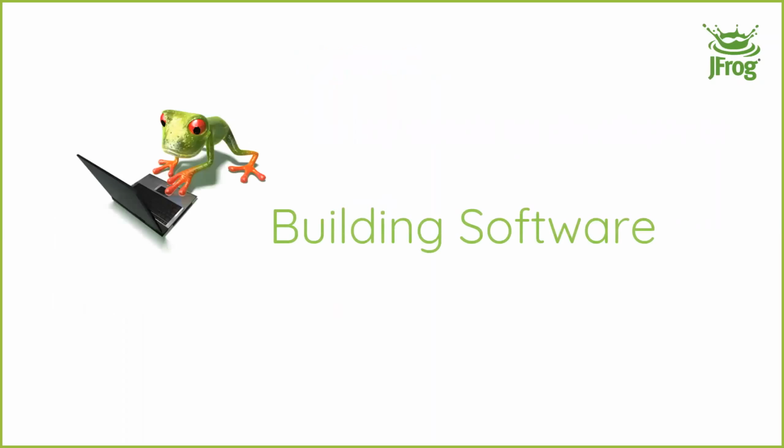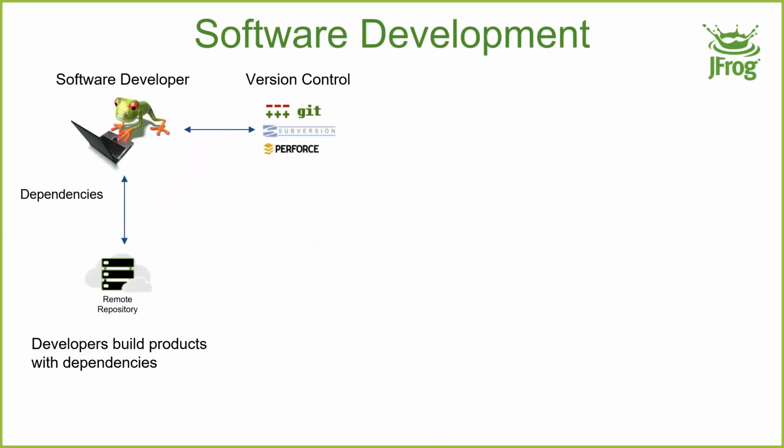Okay, so for this first part, let's see what it actually takes to build your software. You will start with a development team. You can start small with at least one developer. You will have a version control system like GitLab, GitHub, SVN, or Bitbucket to store your source code, so you'll be pushing and pulling your source code.